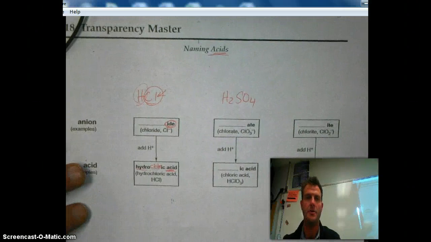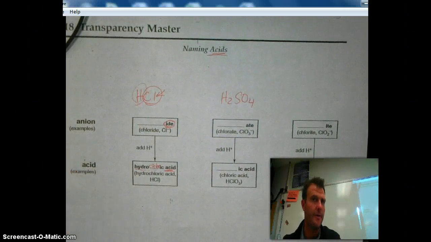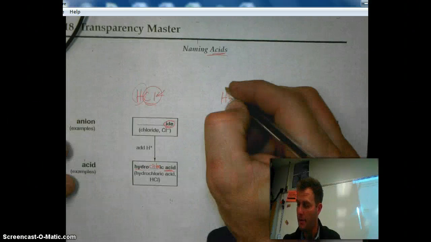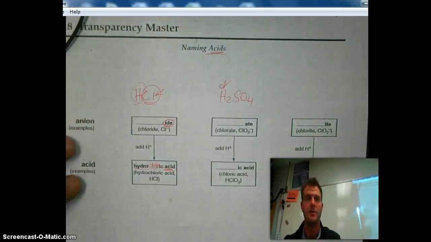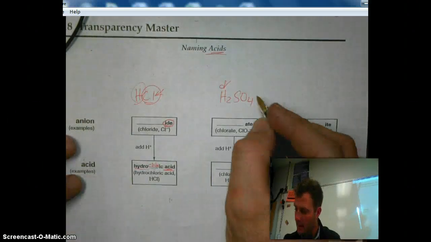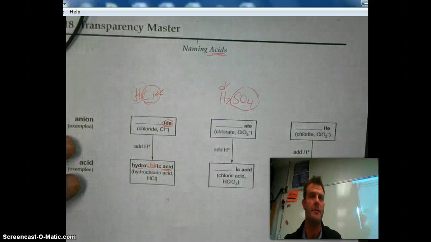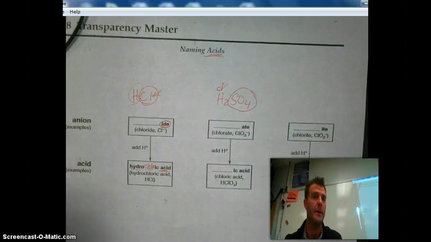Now, if it ends in ATE, you would say dihydrogen sulfate out of your first terms. But now we know it begins with an H, so it's an acid. SO4, what is the name of SO4? If you think about your polyatomic ions, that is sulfate.